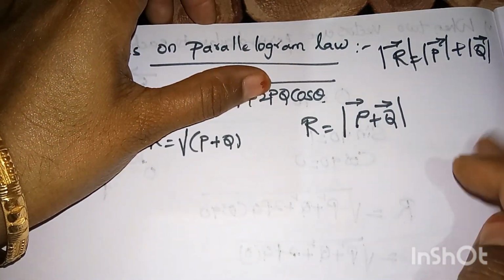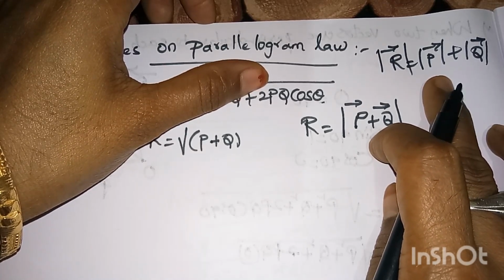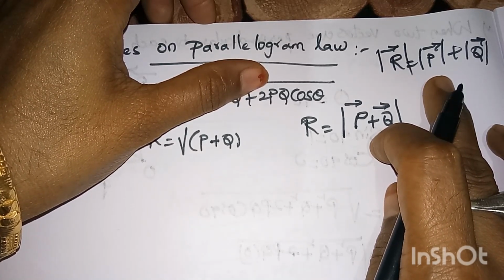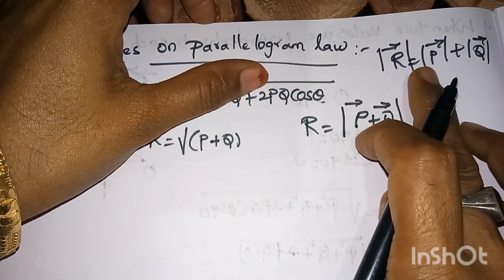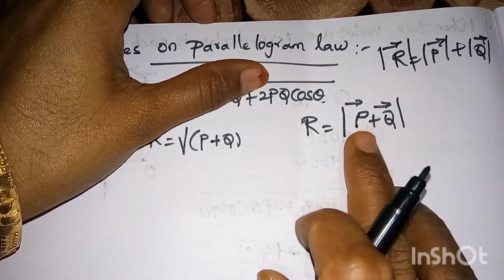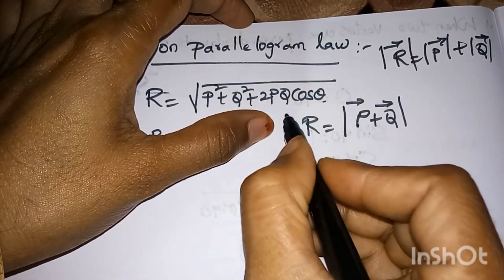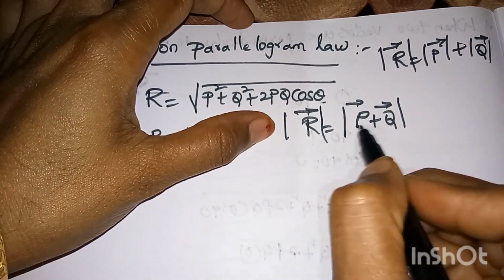This is when two vectors are moving in the same direction, meaning when two vectors are parallel, the magnitude of resultant will be equal to the sum of magnitudes of two vectors. But this is the magnitude of resultant equal to the magnitude of the sum of two vectors.